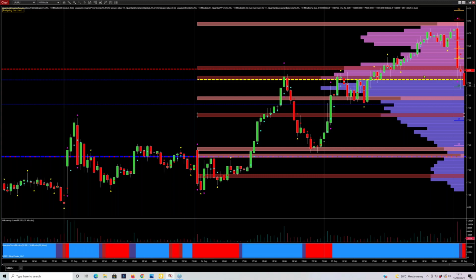A high volume node is where you have a lot of dense volume, a lot of transacted volume. It's where price has spent a reasonable amount of time. Then it cuts through a low volume node, where it doesn't spend a lot of time, but it creates sort of a bell curve, as it were.